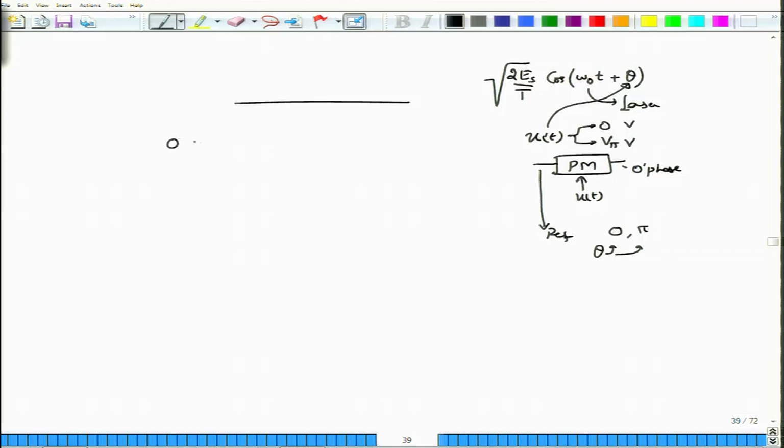So, when you want to transmit a bit 0, you transmit square root of 2 Es by T cos omega 0 t plus 0 phase, right. That is, you set theta equal to 0, and when you want to transmit 1, you transmit this way.